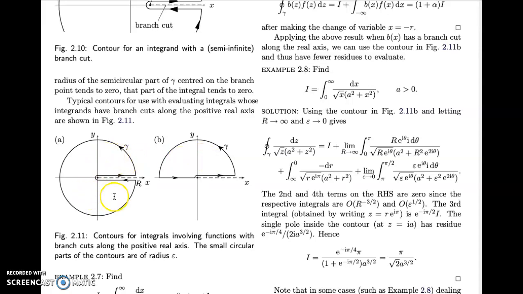Obviously, if you integrate this one, you have to evaluate all of the residues of the function, all its singularities. Here, you only need to look at the singularities above the real axis. So obviously, if you can, you try to use the one in part B.